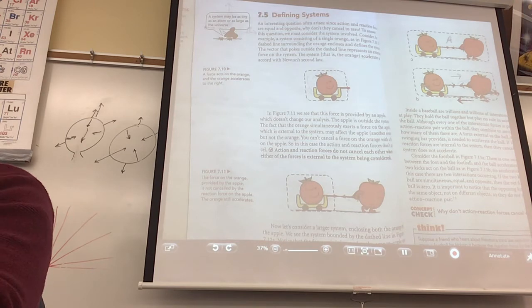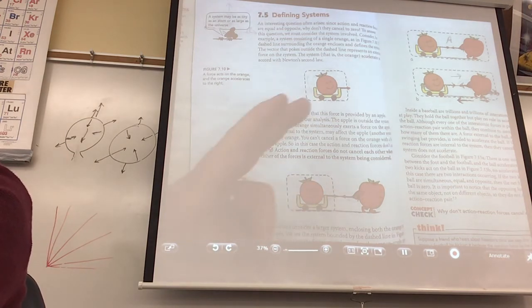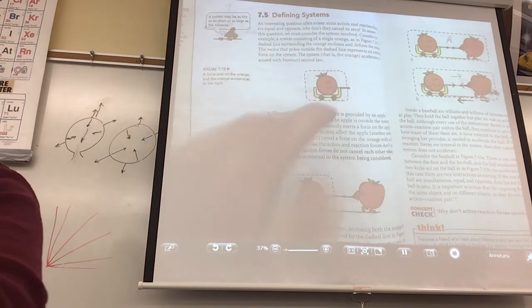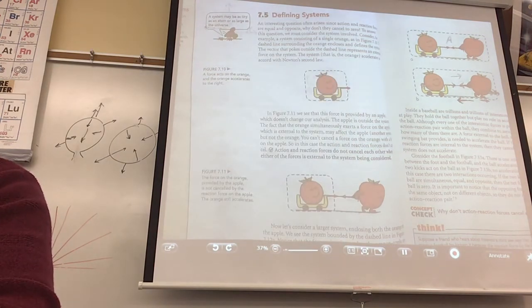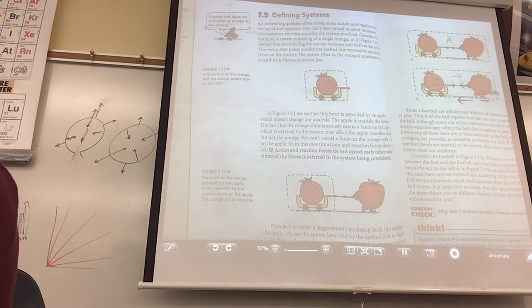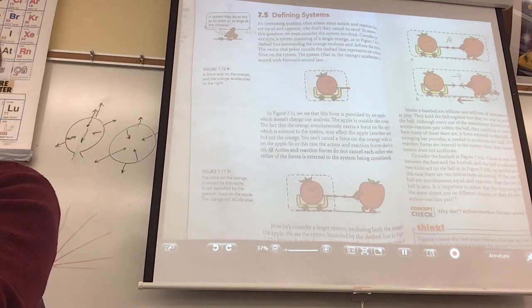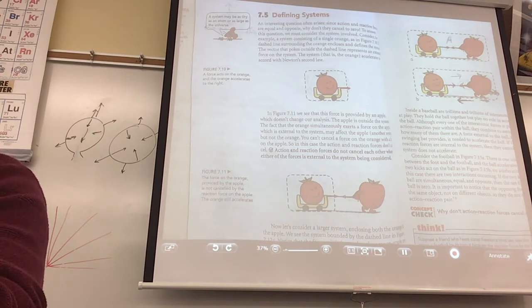And that means they could interact with each other. But what if I define, see this dotted line? The author says, let me define the system as being everything in that dotted line. Now the orange and the cart are not two objects. I hereby define them as being one object. Can I have any forces that could cause a change in my motion then?